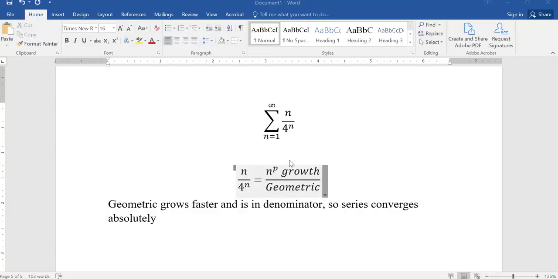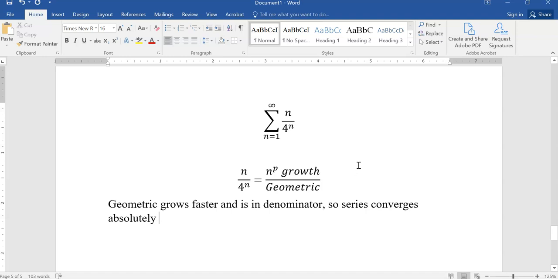Using the ratio test, we'd say, well, we have n over 4 to the n as the underlying sequence. When you take the series, when you add up all the terms, we're dealing with n to the p growth on top versus geometric growth on bottom. Geometric growth is a faster growth, again, as long as the base is bigger than 1, which it is.